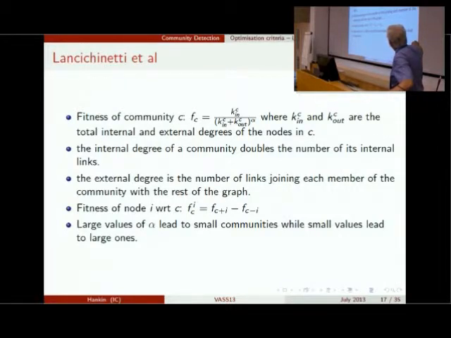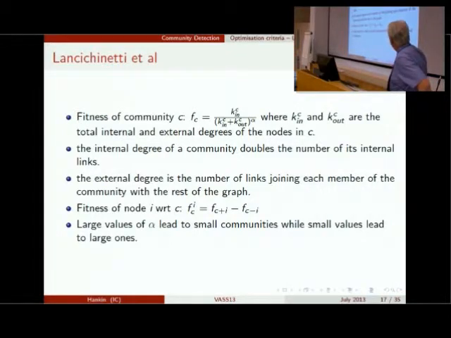So again, on the bottom here, we've got the number of internal links plus the number of links to external nodes from the community. And again, there's a scaling parameter here, which is this alpha. So basically, that gives a fitness measure for each community.